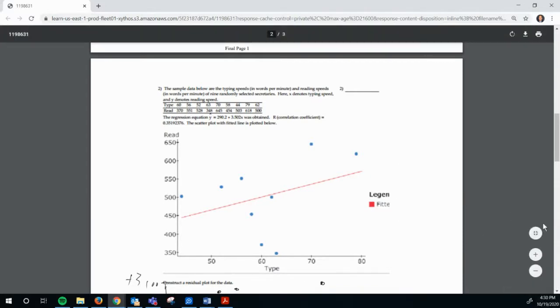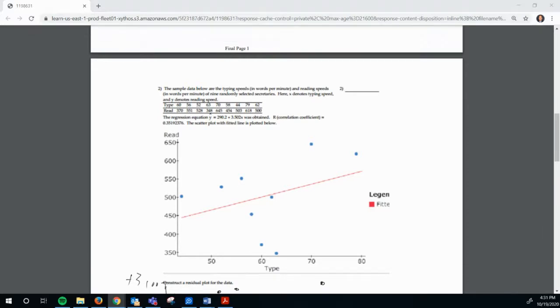Pull up another example here. Hold on. Let's see here. Let's see if this has got any problems on it.